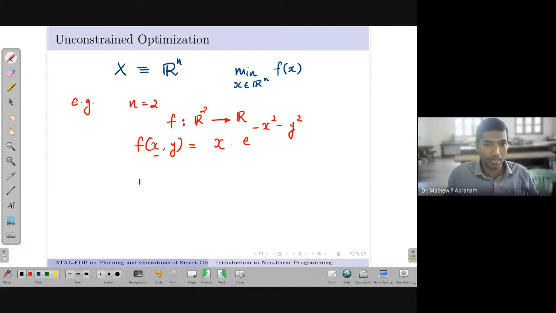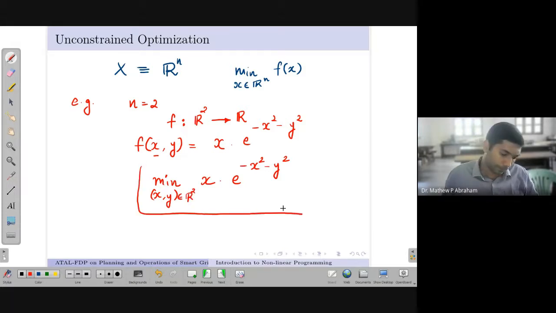We can write this problem, just to make it clear, as minimize x e raised to minus x square minus y square, where the decision variables x, y belong to R2. This is the optimization problem we are trying to solve.